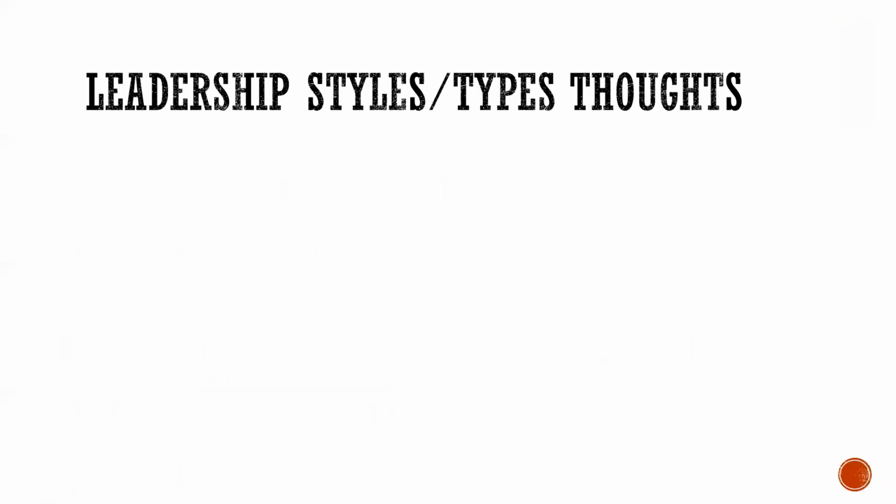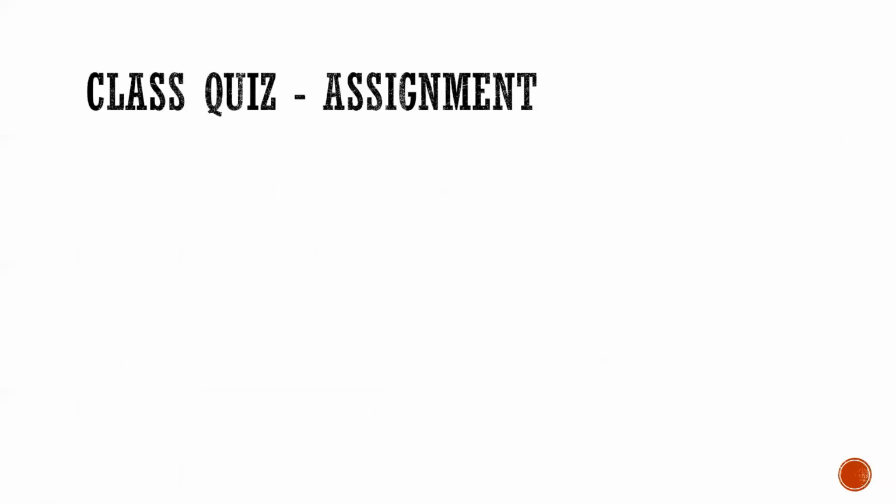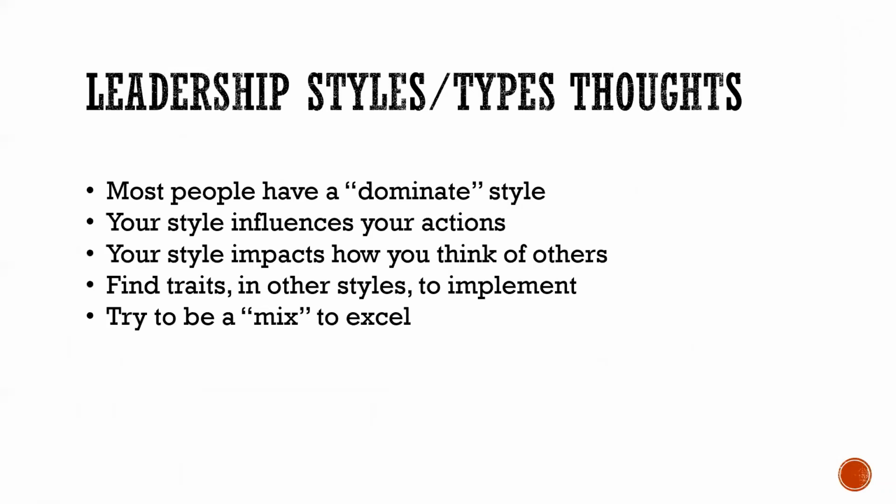So see if that fits you. Those are the styles. Most people have a dominant style, one style that is the primary style that they exhibit. Your style influences your actions. If you're a results leader, you're probably coming in rah, rah, rah every day and working to be the top performer even among your team.